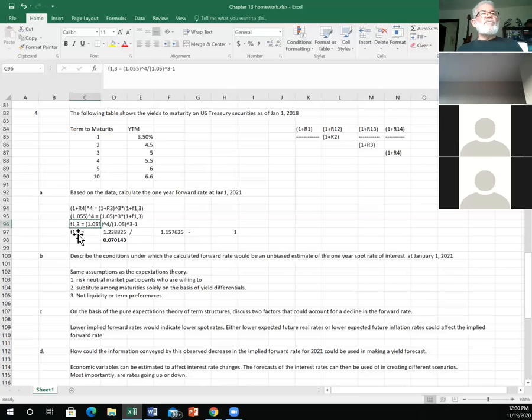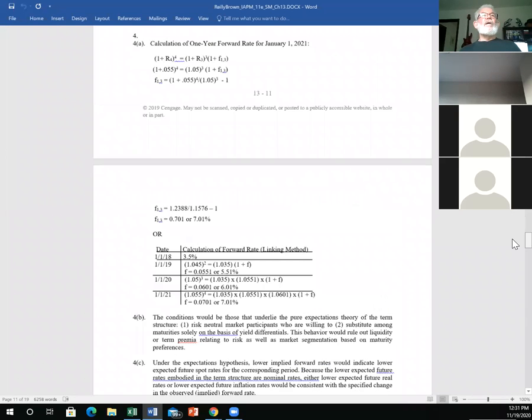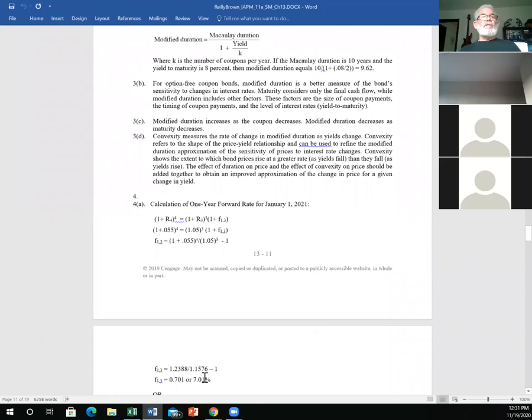So the forward rate for 1 year, 3 years out is 1.238825 divided by 1.157 minus 1, or 0.070143, or 7%. And that is the answer to that. And there it is right there.